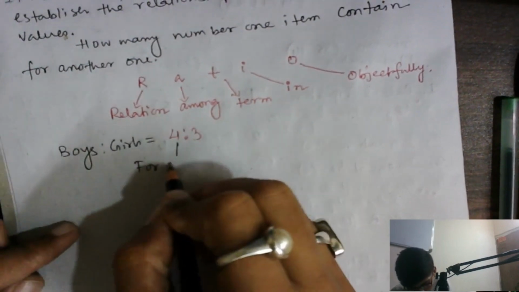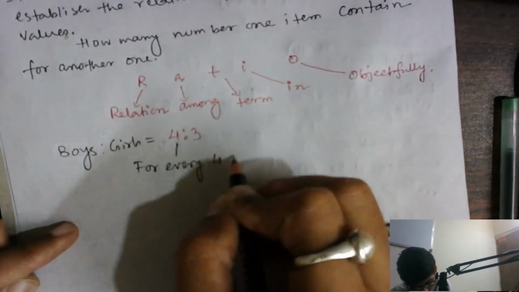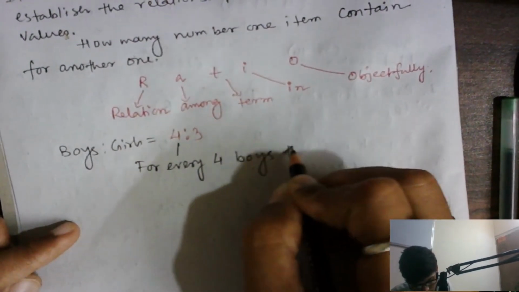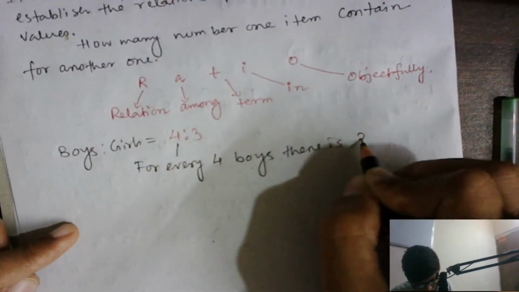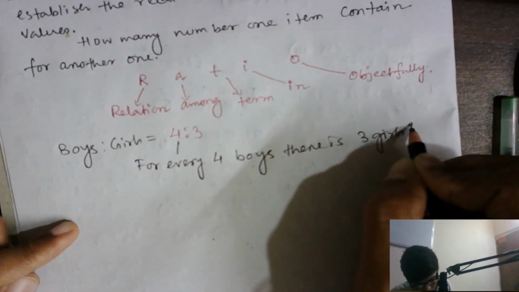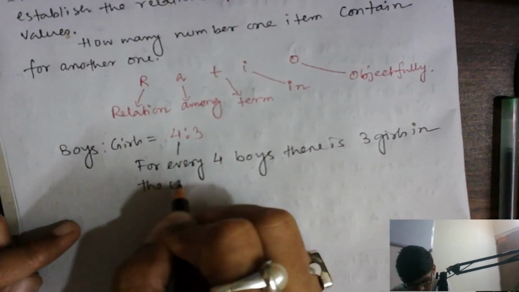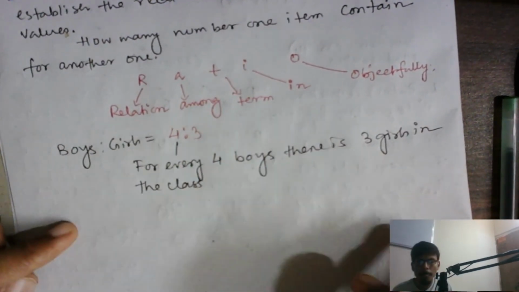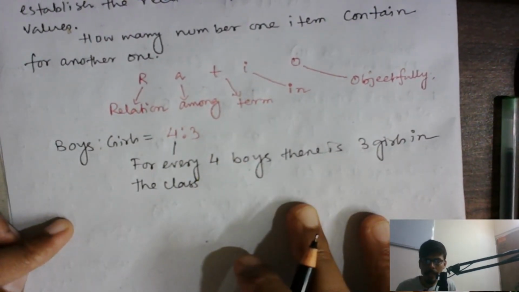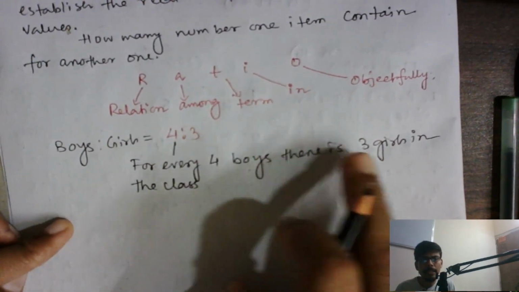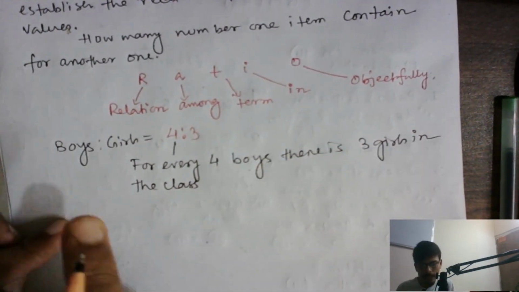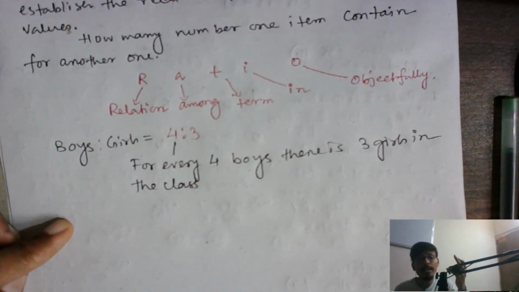It means for every 4 boys, there are 3 girls in the class. Clear? That is what the 4:3 ratio actually indicates.